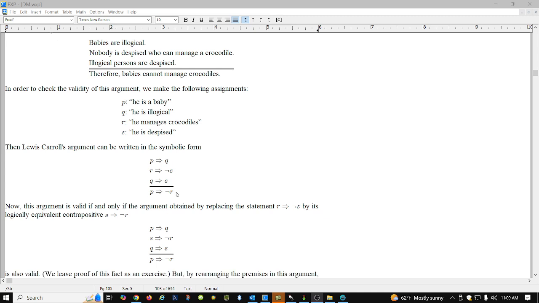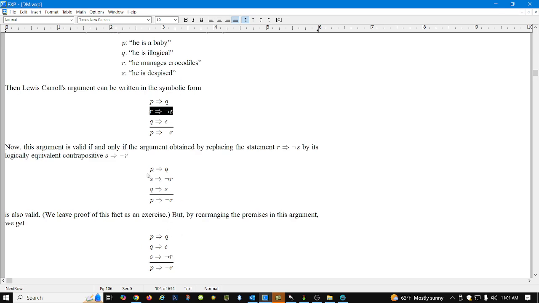This argument is valid. And here's another technique for determining validity. Any premise can be replaced by any statement that is logically equivalent to that premise, because those two statements always have the same truth value. So we can replace R implies not S by its contrapositive, S implies not R. And that gives us this argument.